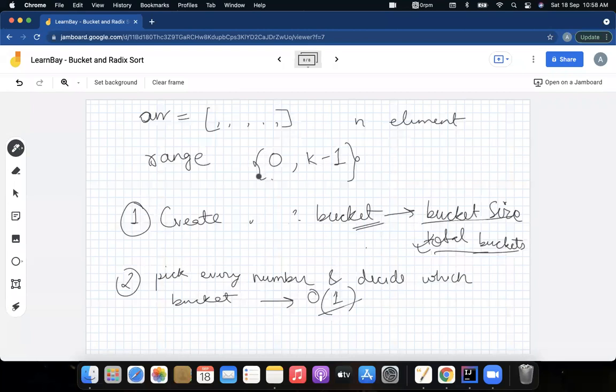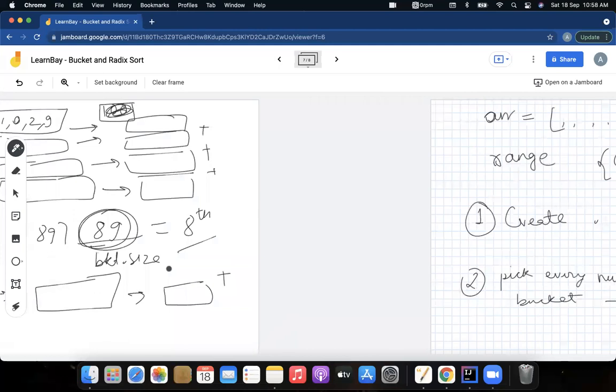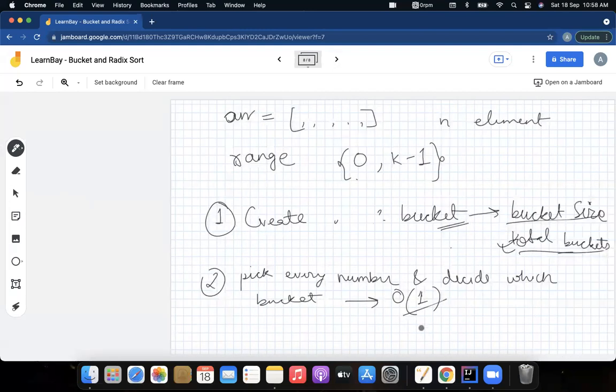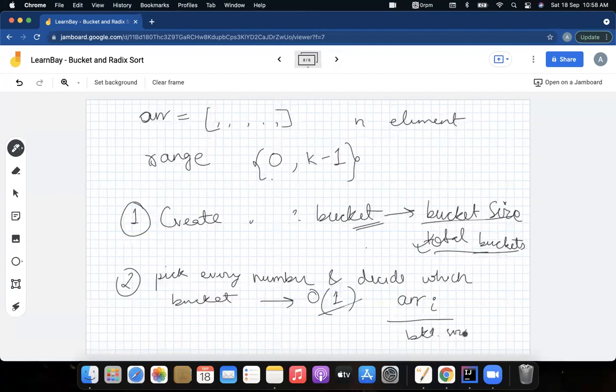And if your buckets are homogeneous, as in they are of equal range, like all the buckets are of size 10, and there are k buckets, you can come up with a formula, and the formula is simple. If you get any element from the array, just divide it by the bucket size, and you will have your bucket index, in which bucket this will go. So you pick every number and dump it in the correct bucket. What's step 3?